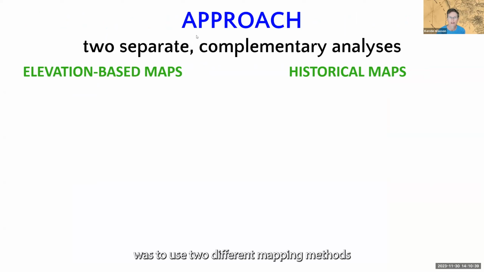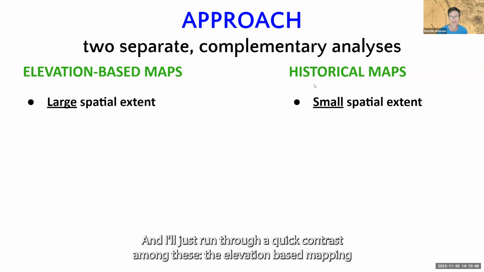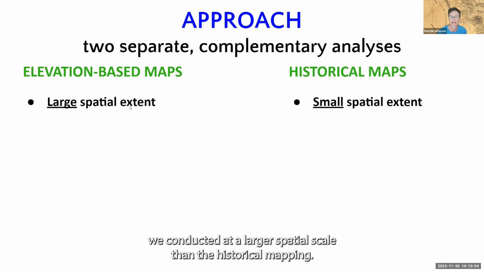Our approach was to use two different mapping methods for this: elevation-based mapping and historical mapping. And I'll just run through a quick contrast among these. The elevation-based mapping we conducted at a larger spatial scale than the historical mapping.